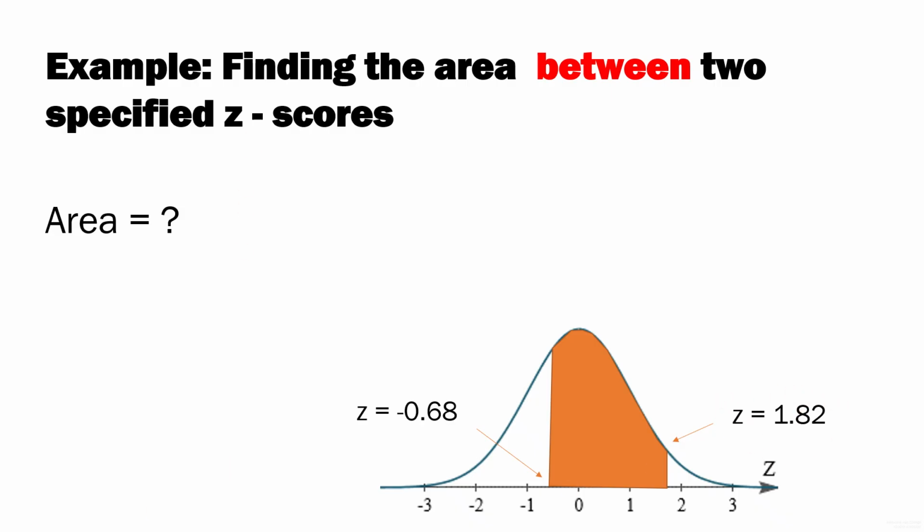Then to find the area between them, we will subtract them. If you look it up, you will find these two numbers, subtract them, and the area in between is 0.7173. So make sure that you are actually looking these up with me and doing the practice on these questions.